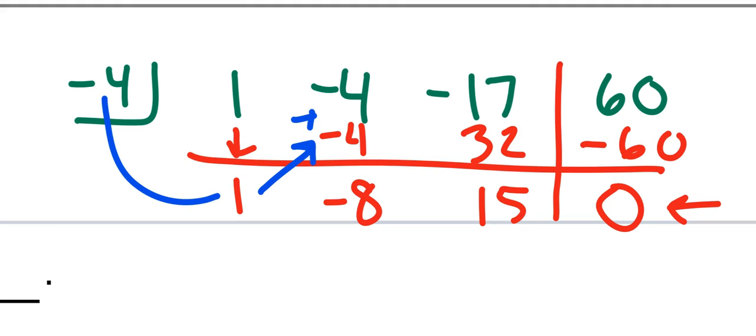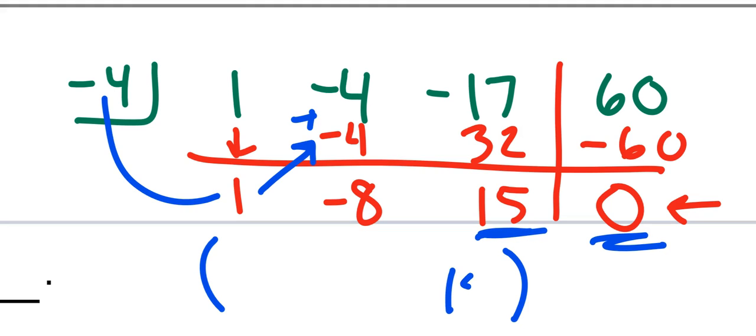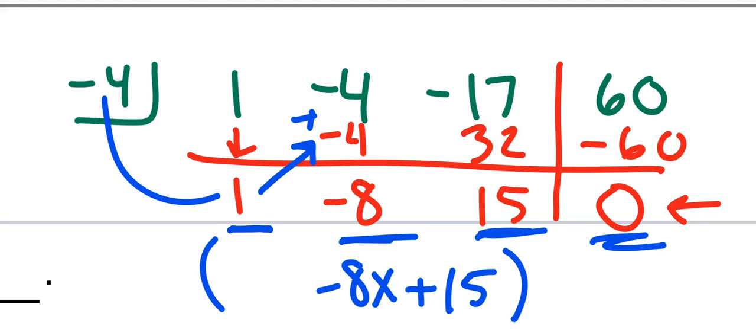Question is, what did we just find? If this is the remainder, what's the next one over? That's the constant. What's the next one after that? That's the linear term.